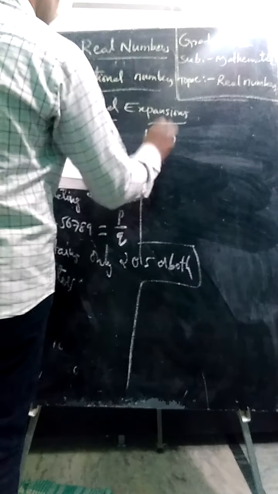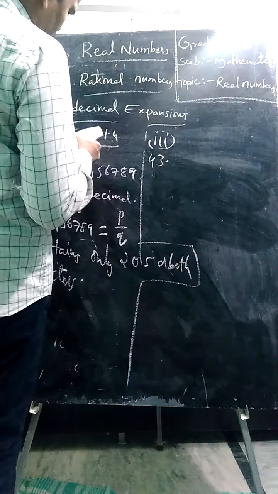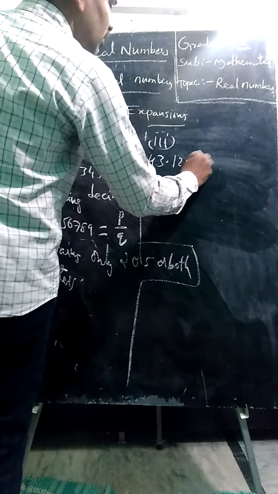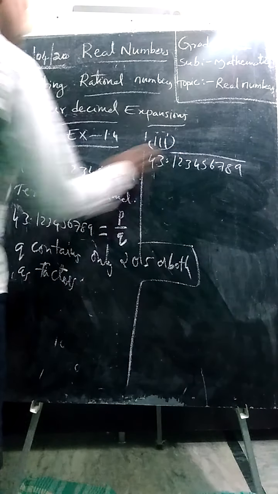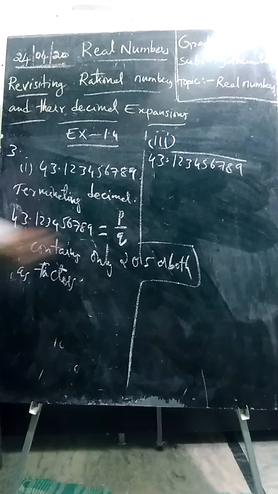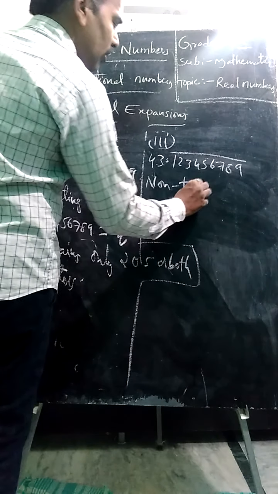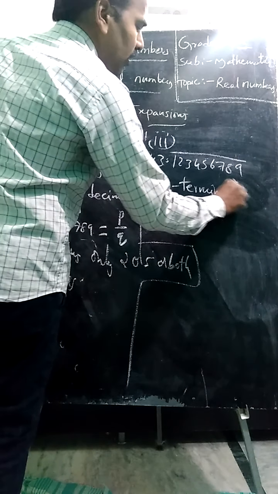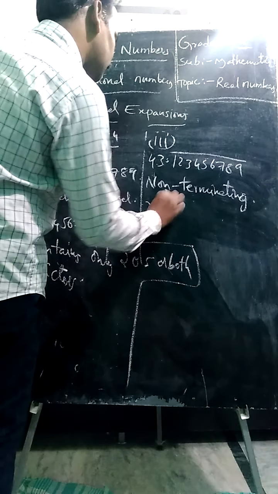Okay, students. So it is given 43.123456789 bar. It is non-terminating. Of course, it is a real number only. Non-terminating, repeating decimal.